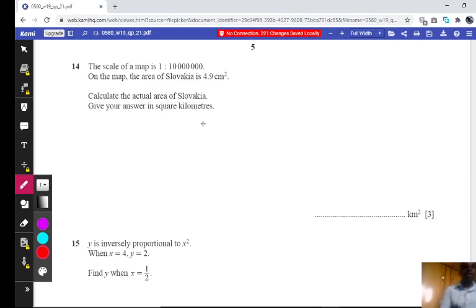What do you do here? You use the concept of rectangles. Let's assume Slovakia is in the form of a rectangle. So the area of this rectangle is 4.9 square centimeters.